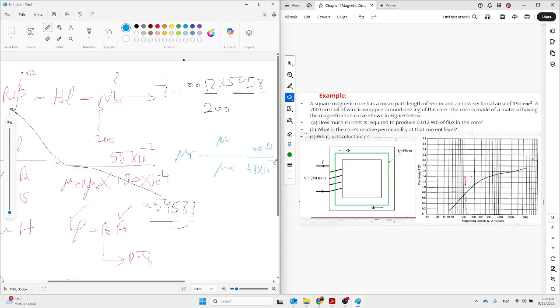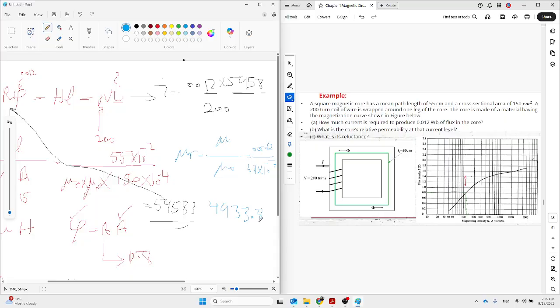Calculating 0.0062 divided by 4 pi e minus 7, the mu r value is 4933 point 8.